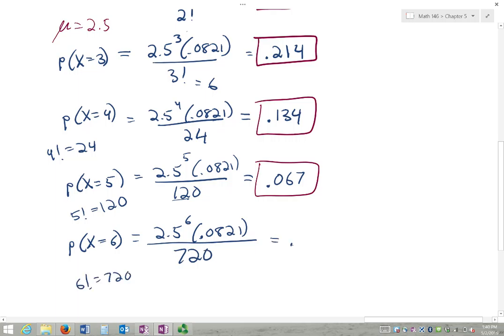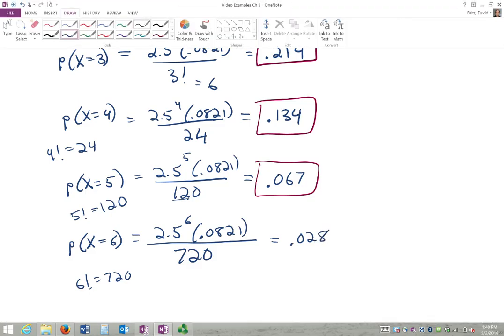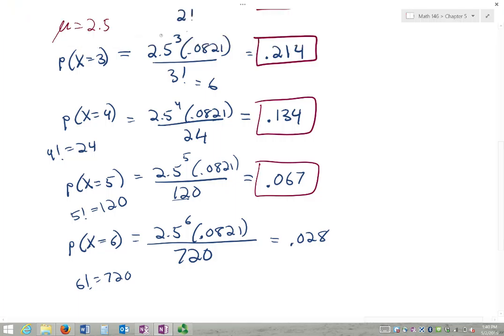And that will give us 0.028. So I believe by this point, our cumulative probability, if we add all these up, you know they have to add to 1, and eventually they will. Of course, even though we have an infinite number of possible values for x, I believe we're up to about 0.998 or something like that.